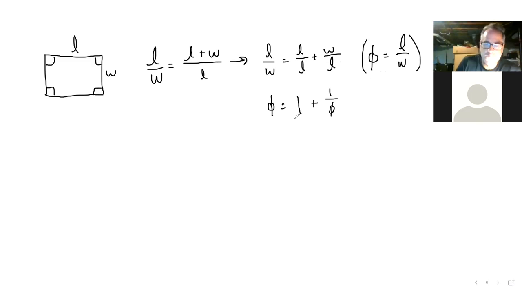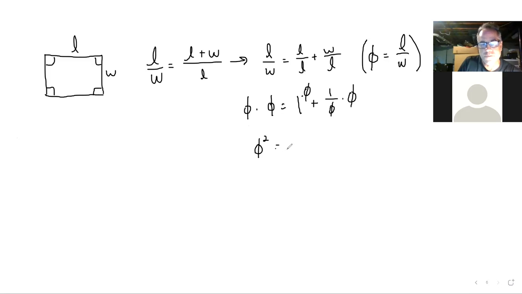And now I'm going to hit this with a little bit of algebra. If I have an equation, I'm allowed to multiply both sides by the same thing. So I'm going to multiply every term by phi. As long as I multiply every single term, I still have the same equation. All right, so phi times phi is phi squared.